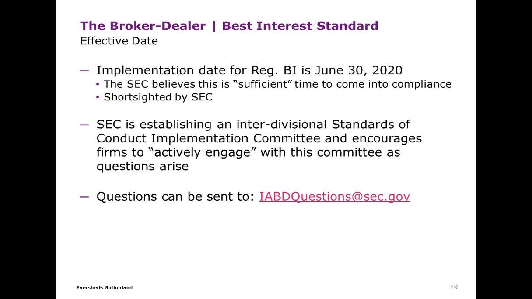It is a very narrow period, less than a year from now, and I would imagine, depending on how much noise the industry makes, this date may or may not be extended a bit to allow for those very system builds that I was just discussing under the record-keeping requirements. This is going to require an actual lift and a build on the part of firms. And doing that all before June 30th, 2020 doesn't leave much room for error.